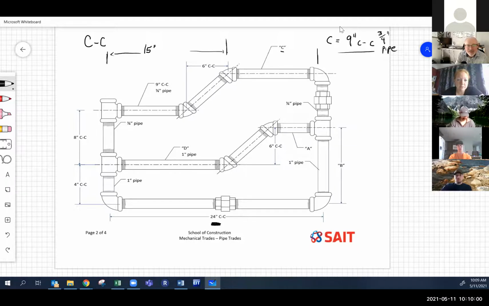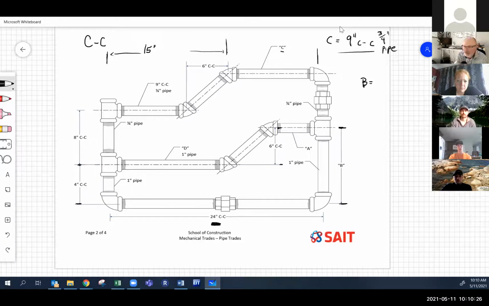The next measurement we are going to get is B. Let's look at B. So we can see B is over here on the far right side. We have this measurement to this point is 6 inches. And then from here down, we have 4 inches.